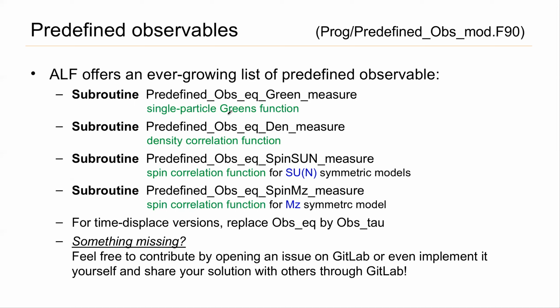The main functions are predefined measurements for the single particle Green's function. And then as you can see already the pattern here, if I want to know the density correlation function, then I replace green by density, or by spin SUN MC for spin-spin correlation functions.